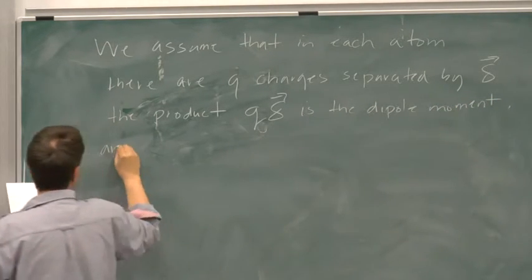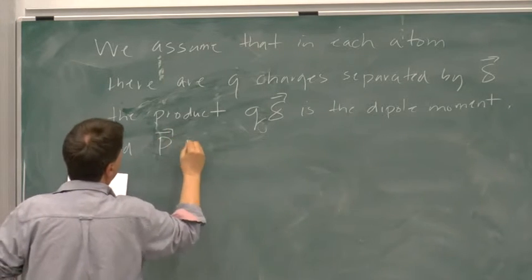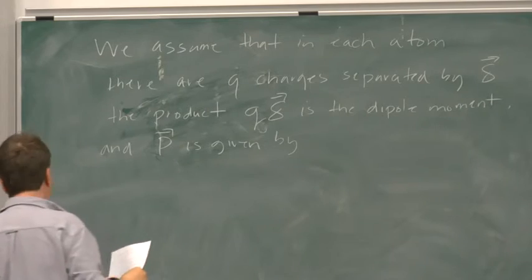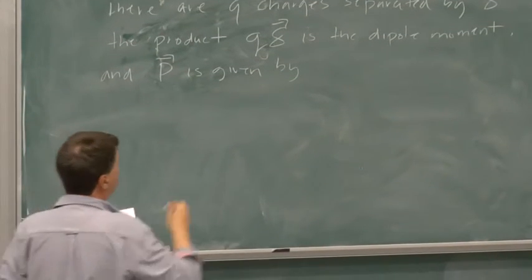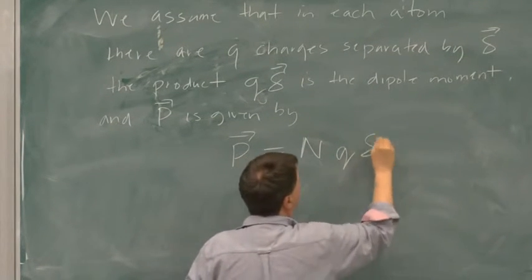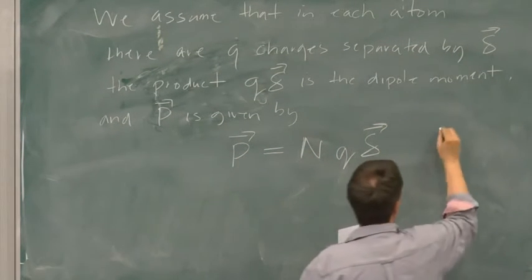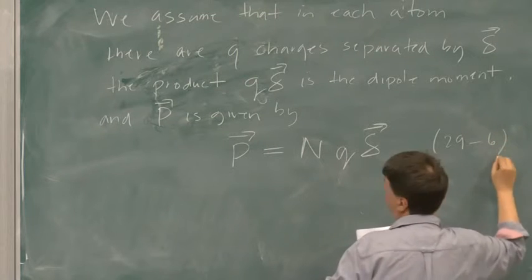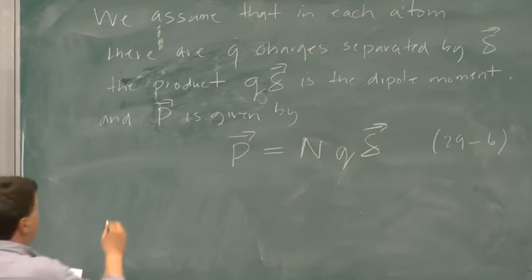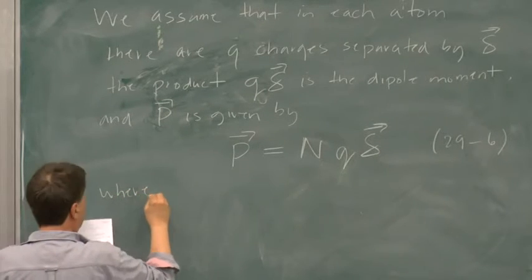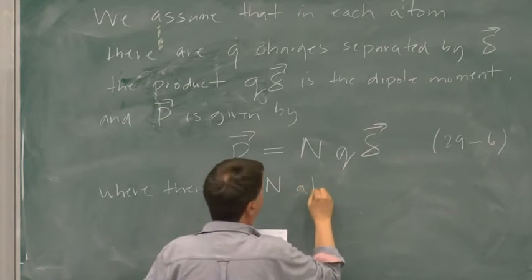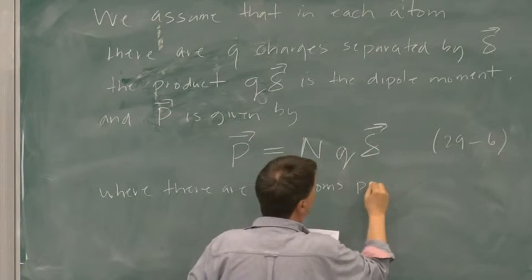and P is given by, well, very straightforward, just linear algebra. P is NQ delta. Let's make this equation 29.6. Is that right? Yes, 29.5 was that last easy equation, where there are n atoms per unit volume.